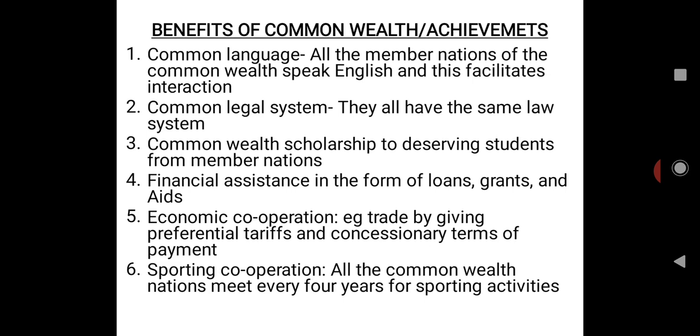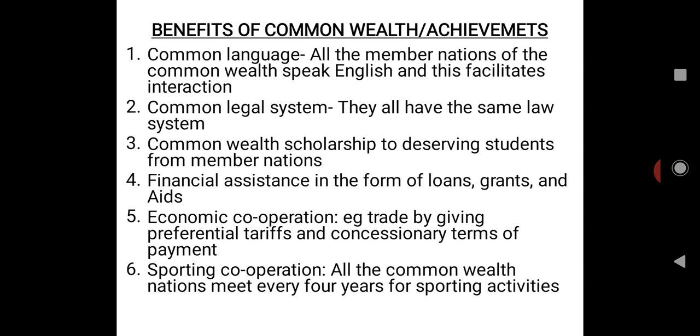Many developing countries, many third world countries that are members of this Commonwealth Association, benefit one way or the other from the loans, grants, and aids given to help them carry out their projects in their home countries.